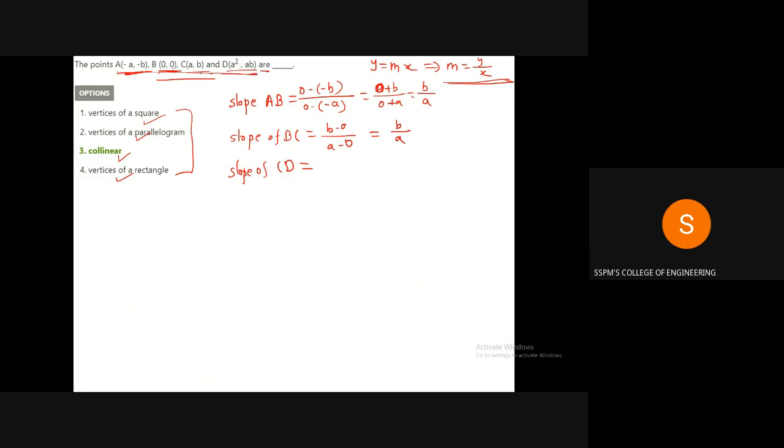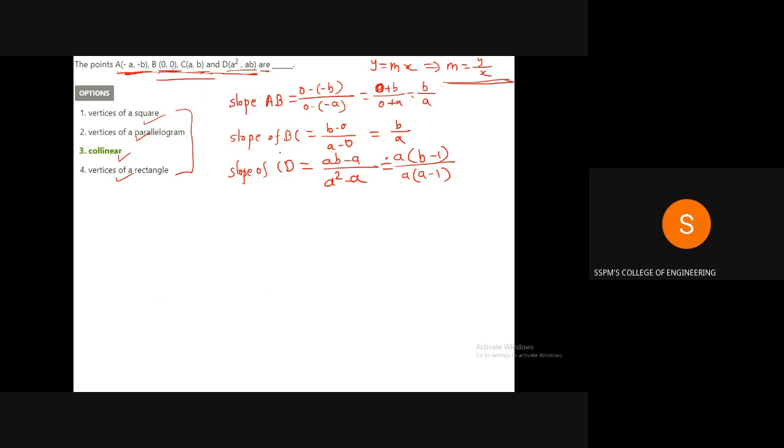So AB minus B divided by A square minus A. From both the numerator and denominator we can take a common element.